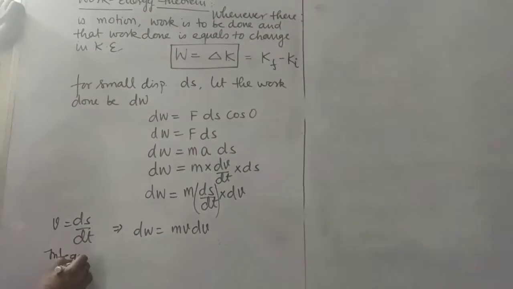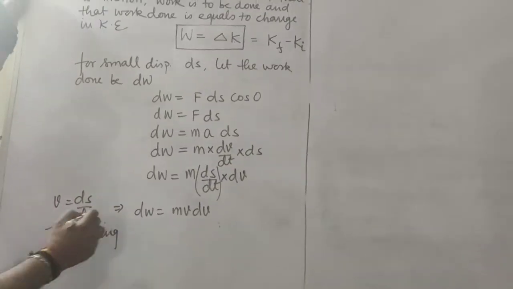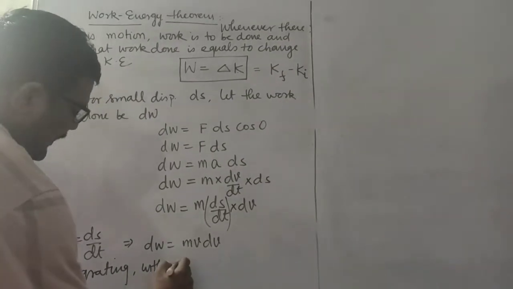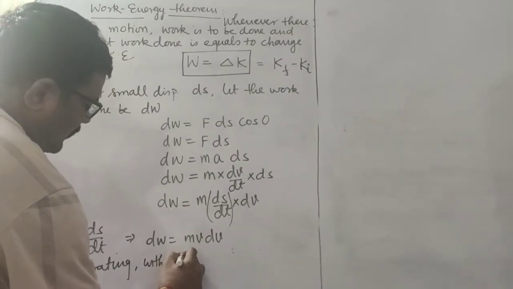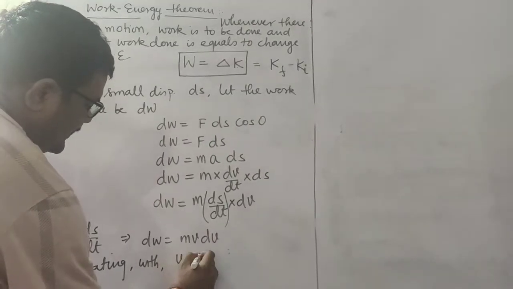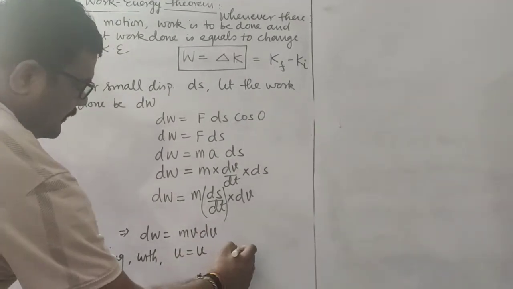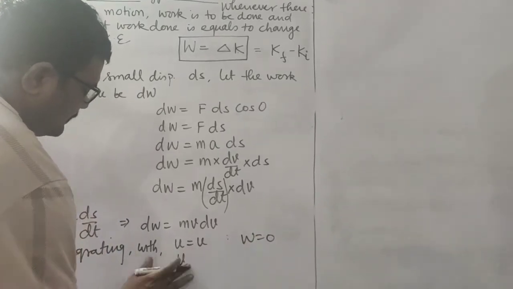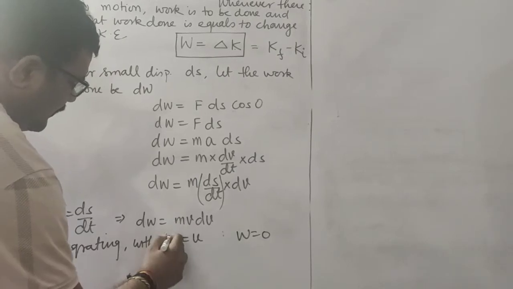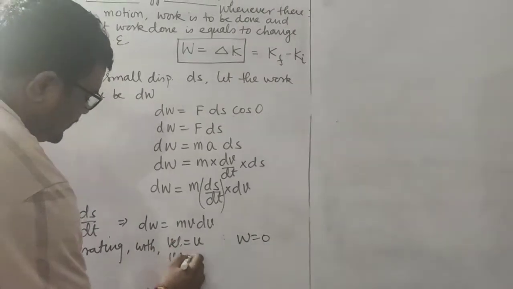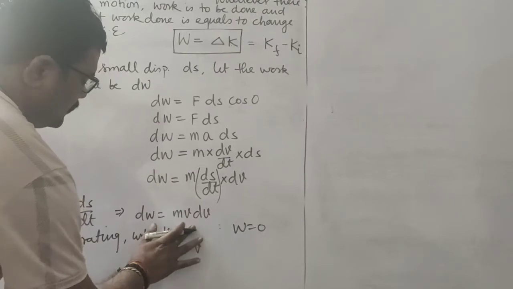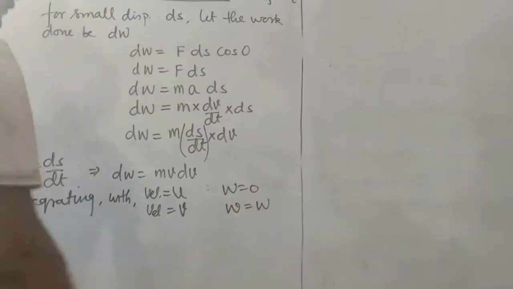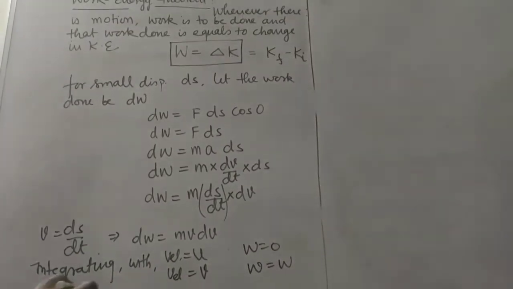For total work done, integrate with limits. See here, when the initial velocity is u, work done is 0. When the velocity becomes v, the work done becomes W. Now I have to apply these limits on integrating.